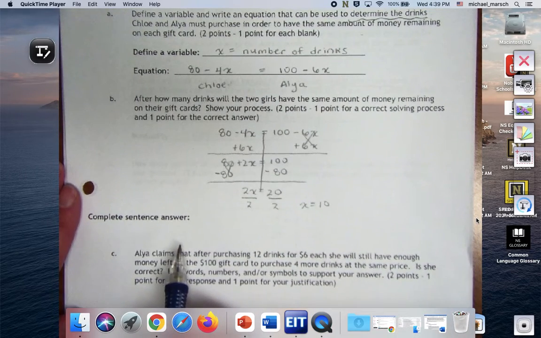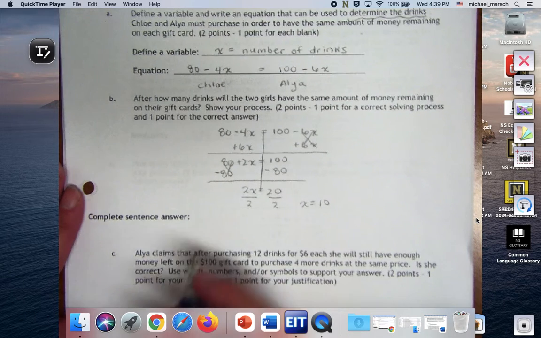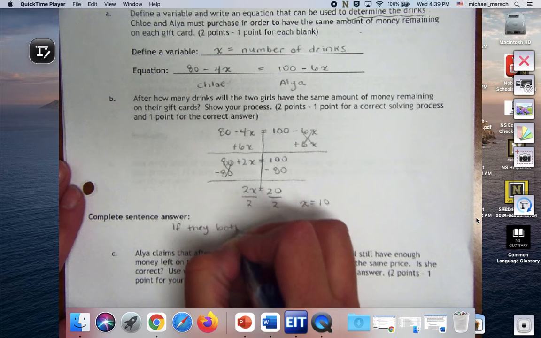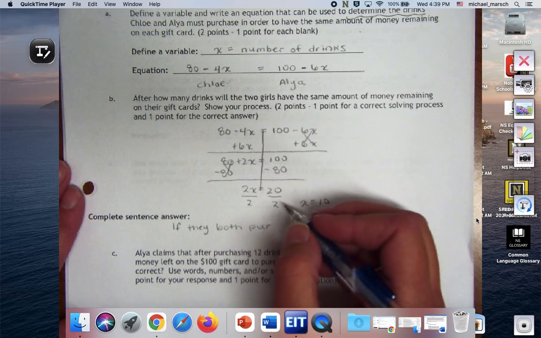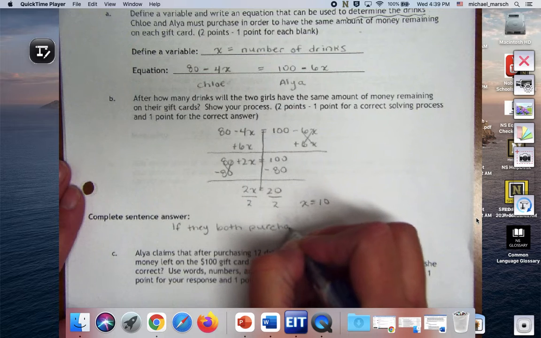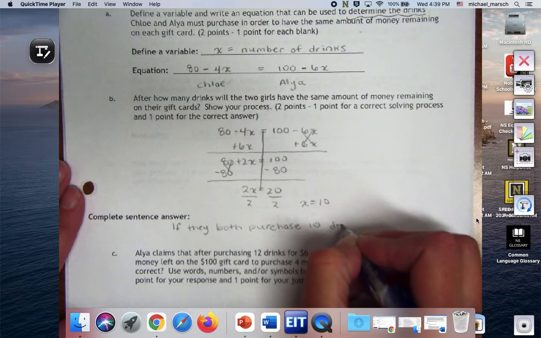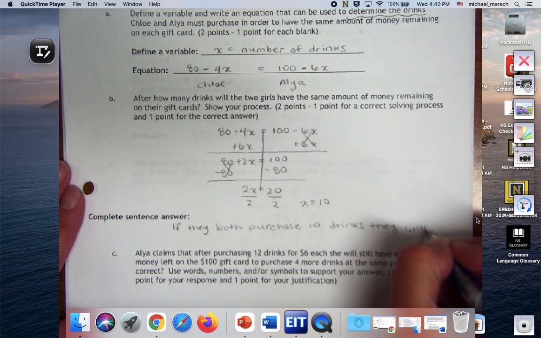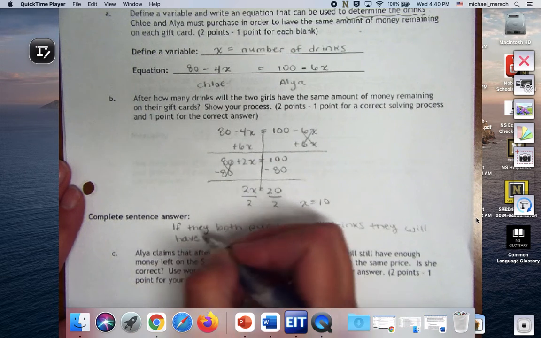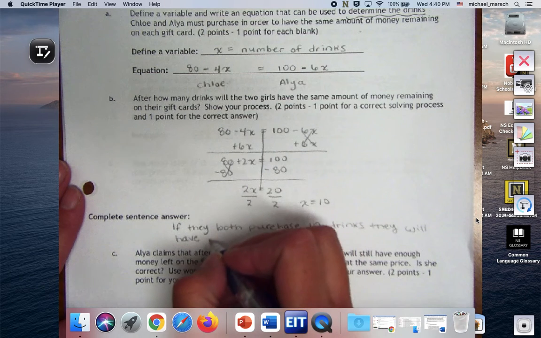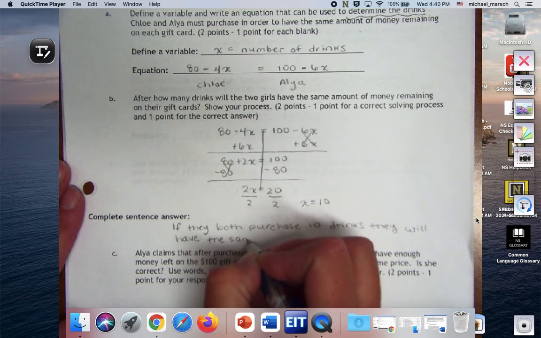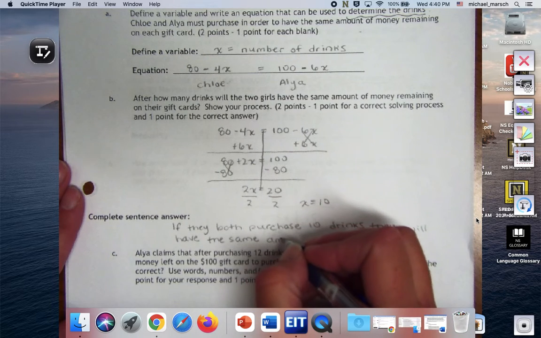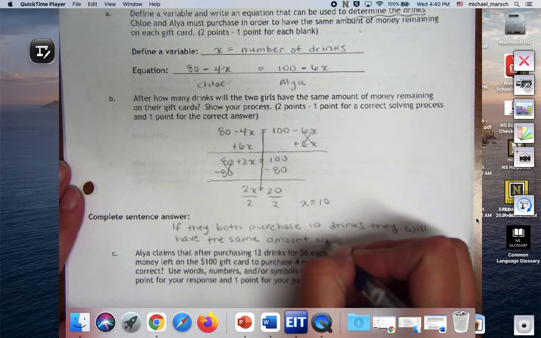So my complete sentence answer would be: if they both purchase 10 drinks, they will have the same amount on their gift card.